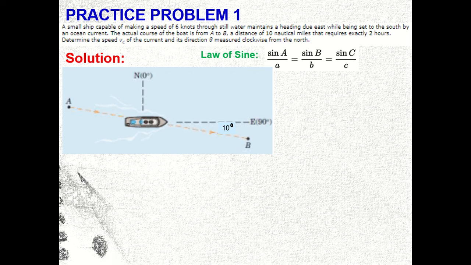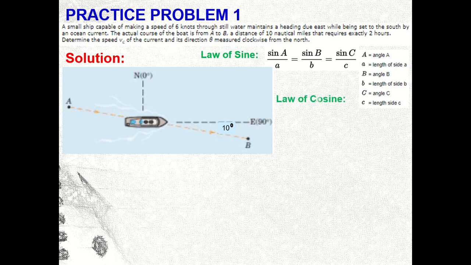In this one, class, the small letter represents the side that is opposite to the angle. So b is the side opposite to angle B, and so on. Capital A, B, and C are the angles, and the small letters a, b, c are the sides of the triangle.